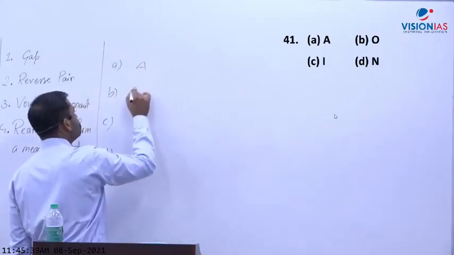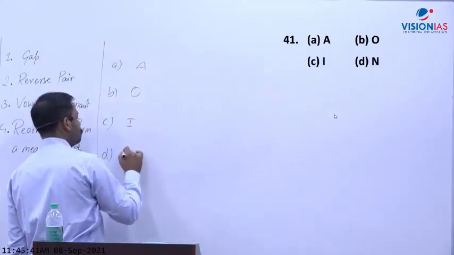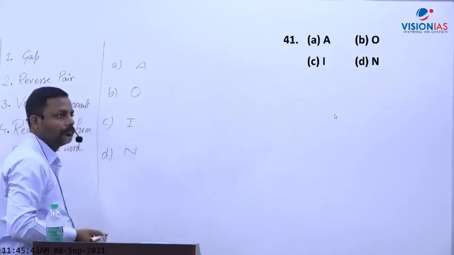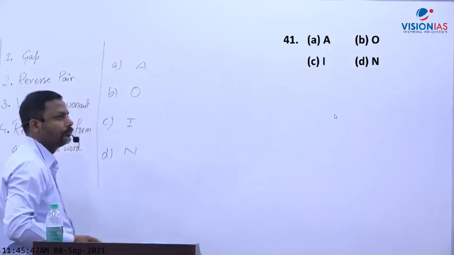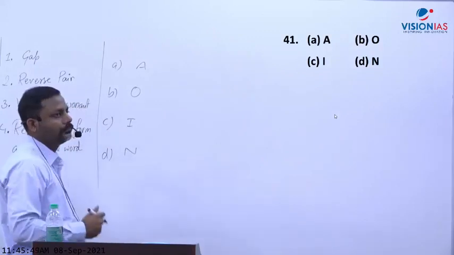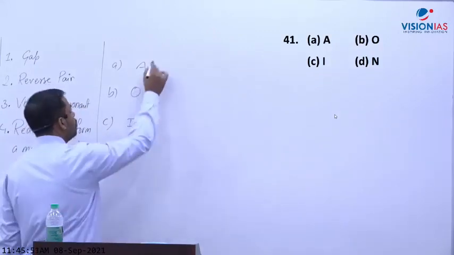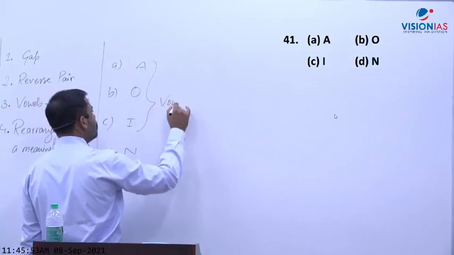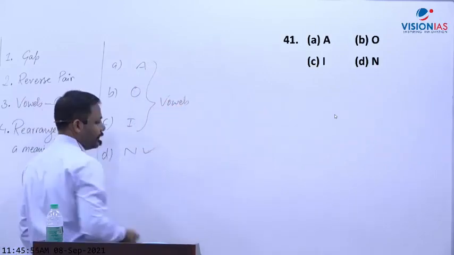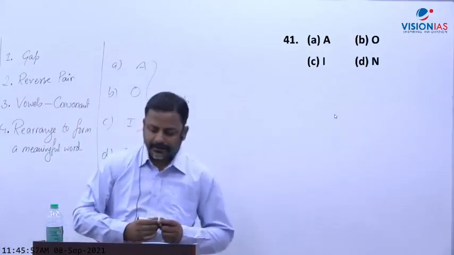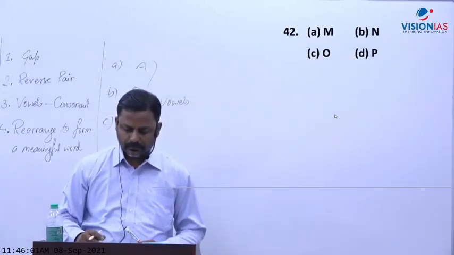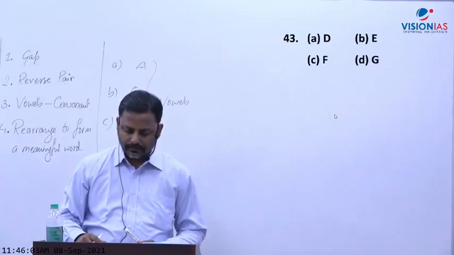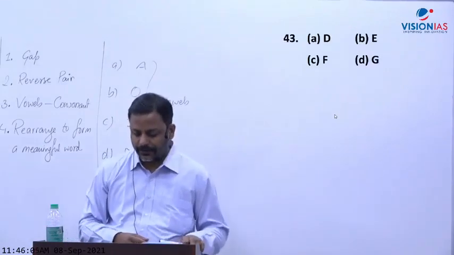Easy. Yes, very good. The rest of the 3 options are vowels and this one is a consonant. So here the right answer is option D. This question is also having the same logic.